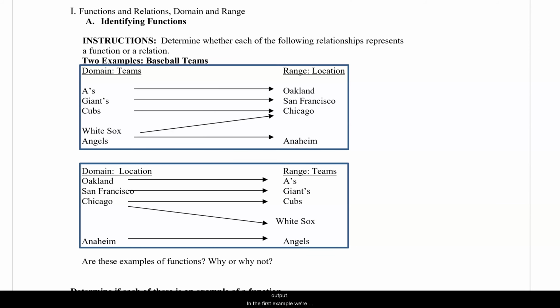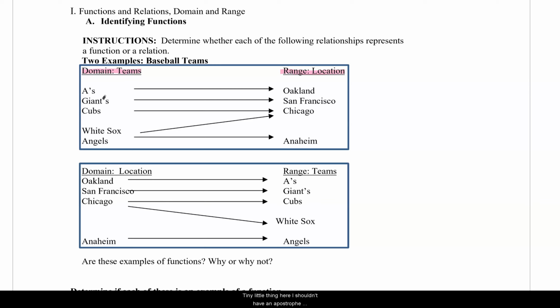In the first example, we're going to determine whether each of the following relationships represent a function or a relation. In our first example, our domain is the teams, and our range is the location. So we're talking about baseball teams. We have the A's, the Giants, the Cubs, the White Sox, and the Angels.